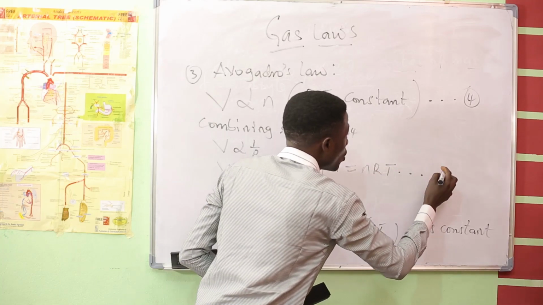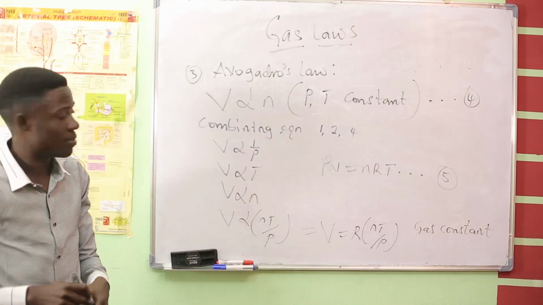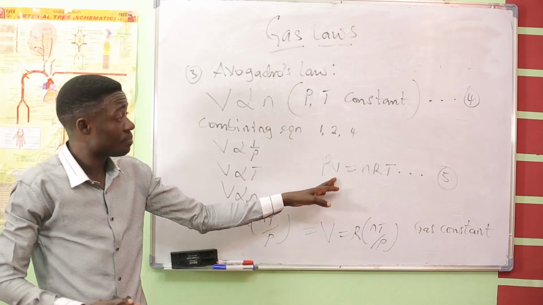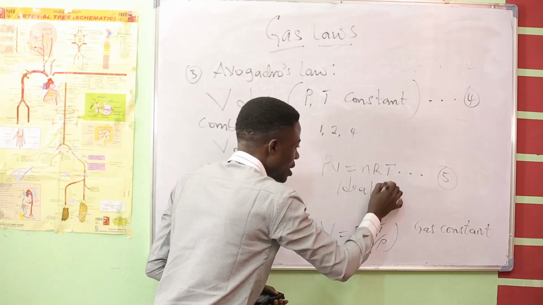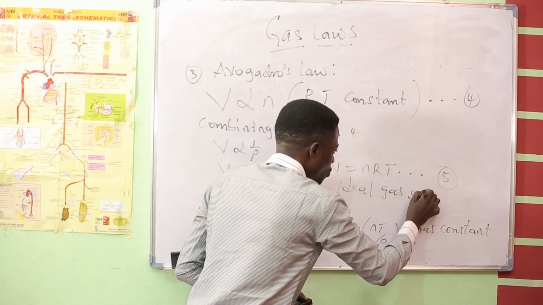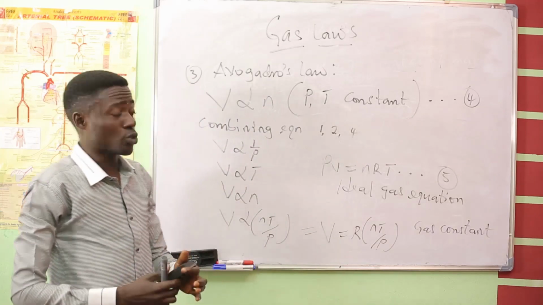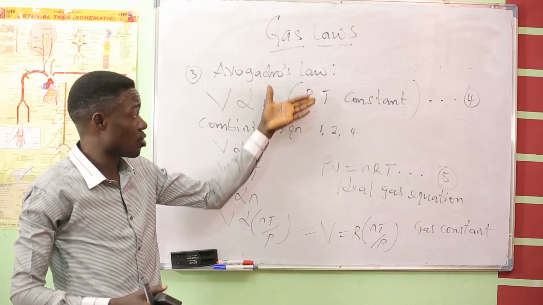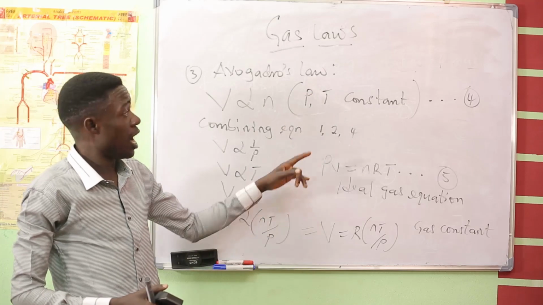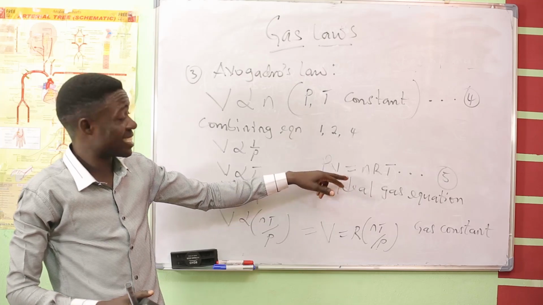I call this equation 5. Our equation 5 is known as the ideal gas equation. I want you to take note of all these equations because we are going to use them to solve problems. So now we have equations 1, 2, 3, 4, as well as equation 5.